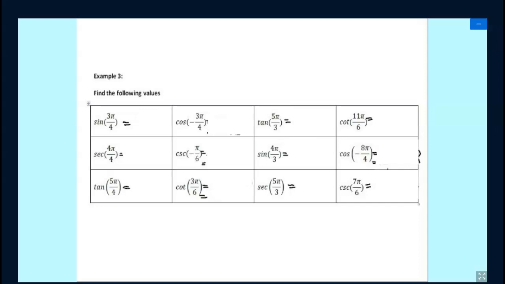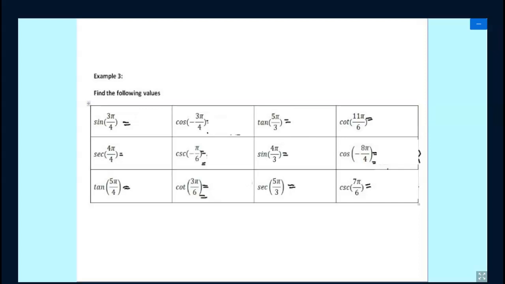So again, finding those 6 values, finding our trig values are all very related. So we want to use our table or chart to find the missing trig values in this problem.